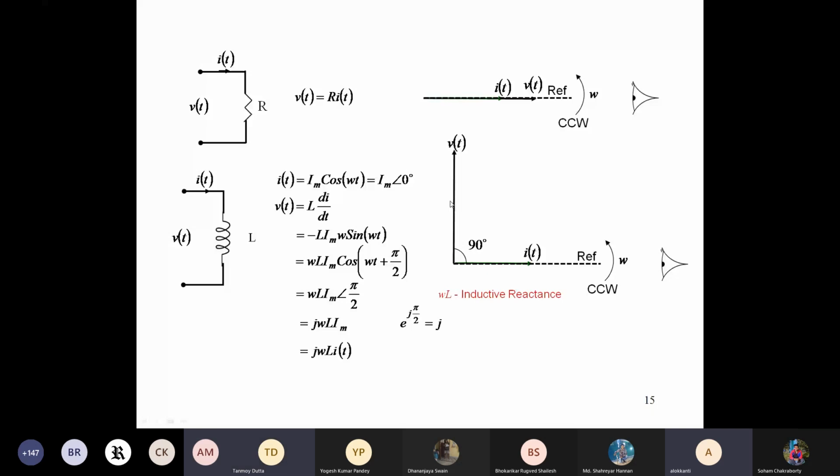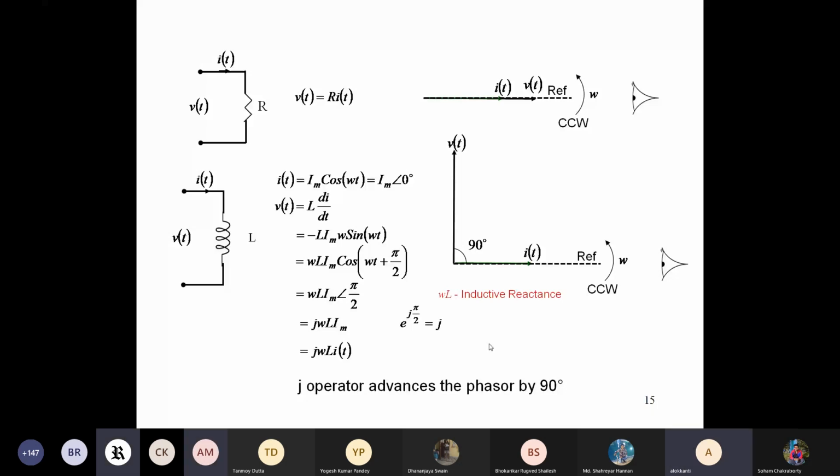Omega and L are some factors, but as soon as you multiply by j, it rotates it by 90 degree. So the j operator advances the phasor by 90 degree.